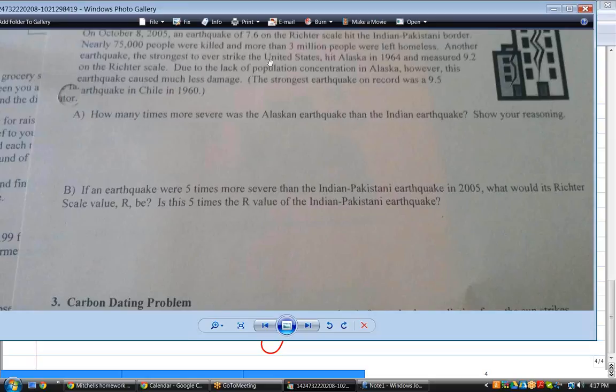And the damage that an earthquake causes isn't strictly based on the energy. It's based on how, like if it's in the ocean and it's a vertical release of energy, it creates a massive tidal wave and can kill a lot more people. But in terms of just pure energy, that is measured by the Richter scale measurement.